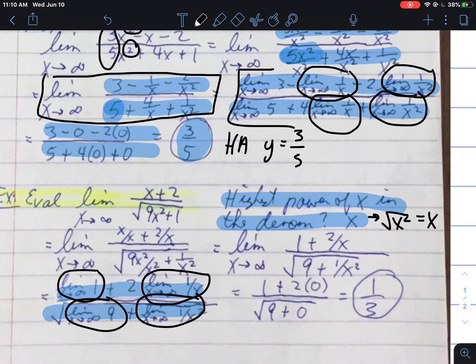So I've got 1 plus 0 over the square root of 9 plus 0, or 1 over the square root of 9, or 1/3. Okay. So same process, same idea, it's just a little bit of a tweak to the problem, just to show you a different little variation on the situation.